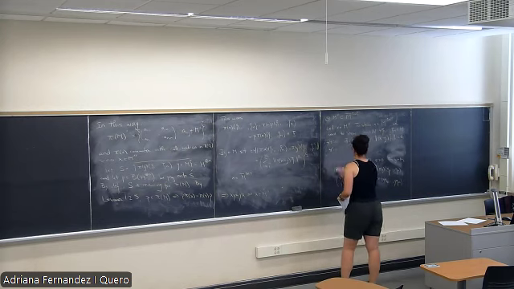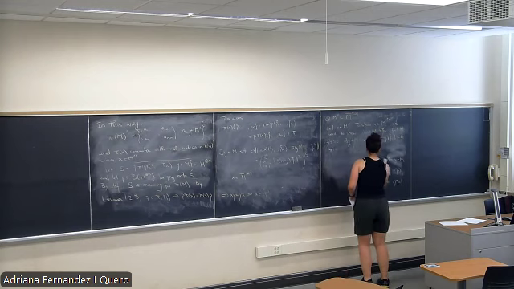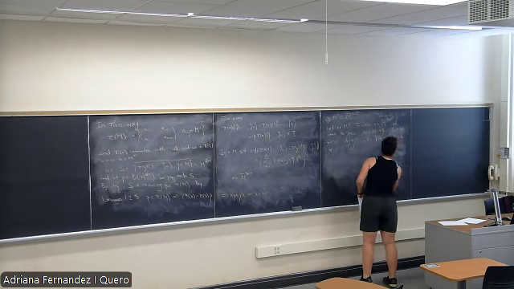I'm out of time, so I'm just going to say one more thing, which is the definition of a von Neumann algebra. Now I'll talk about the two examples that we've seen, and then I'll let you go.